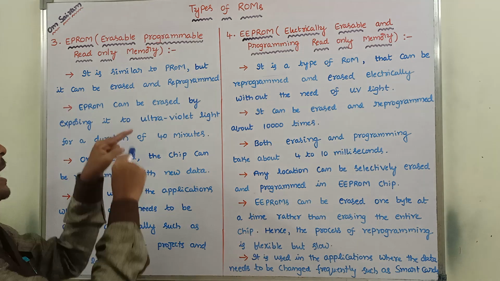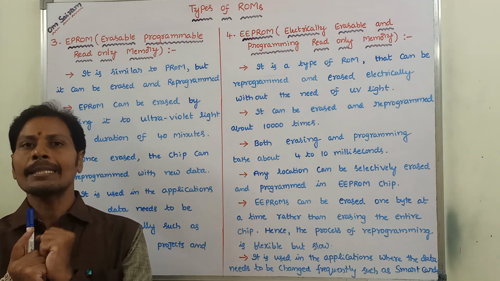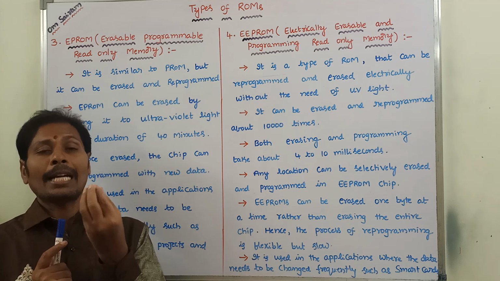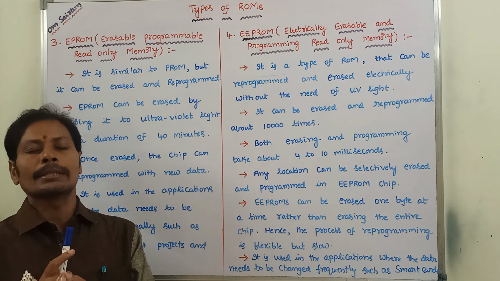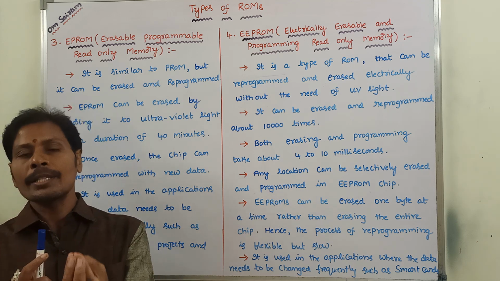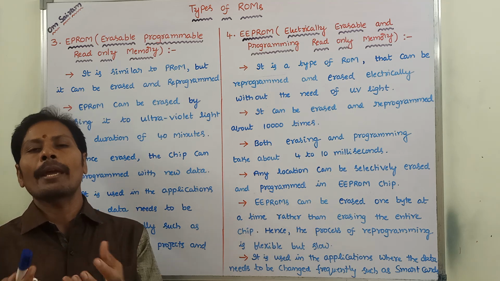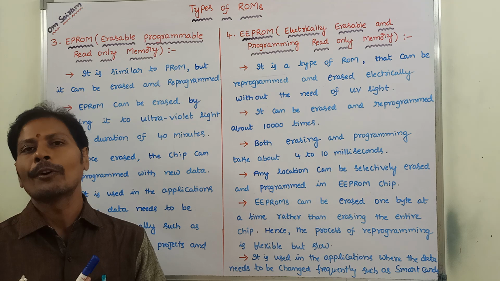Okay, the main points in the EPROM chip are: it is one type of ROM that can be erased and programmed by exposing it to ultraviolet light for a duration of 40 minutes.